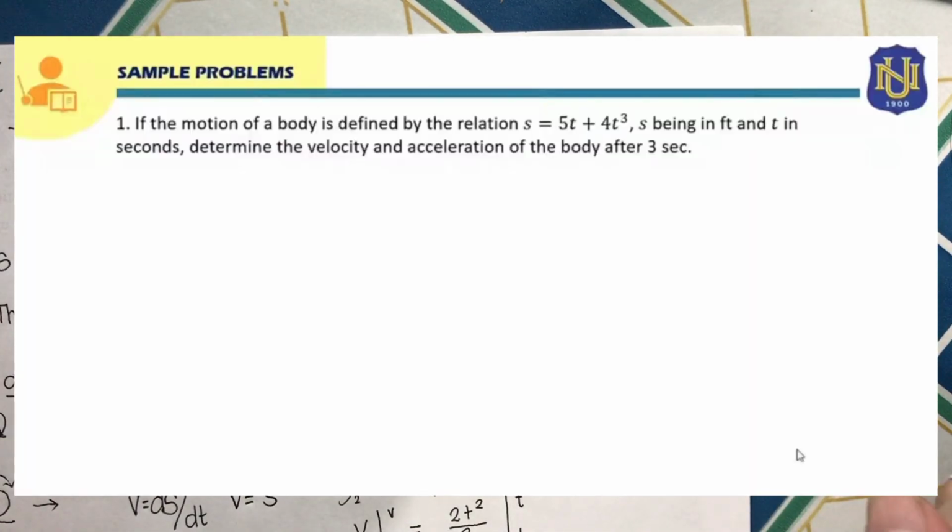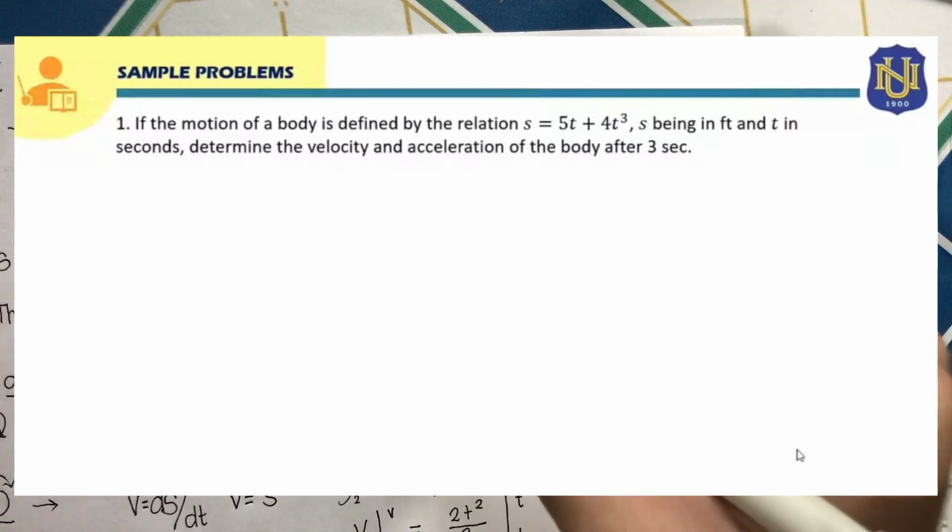If the motion of a body is defined by the relation s equals 5t plus 4t cubed, s being in feet and t in seconds, determine the velocity and acceleration of the body after 3 seconds.